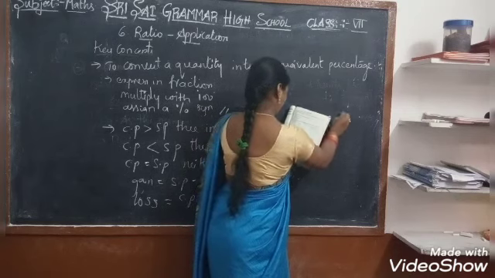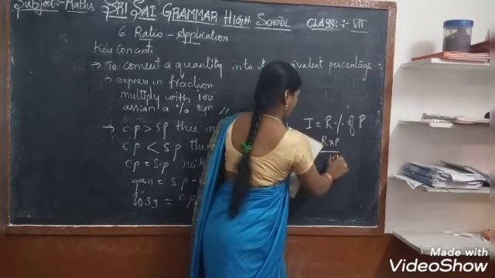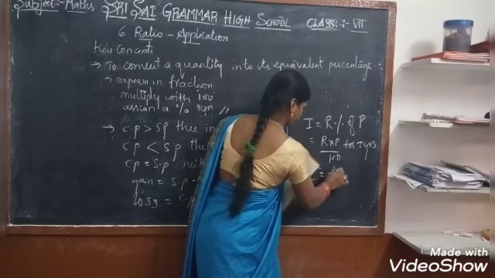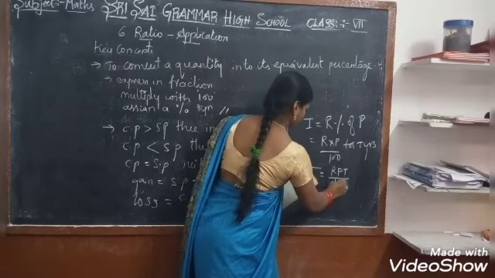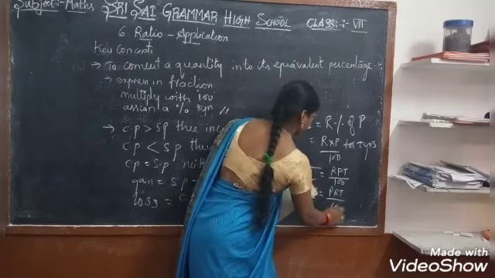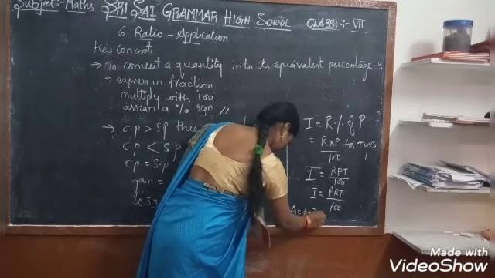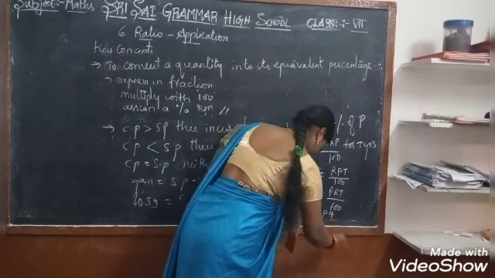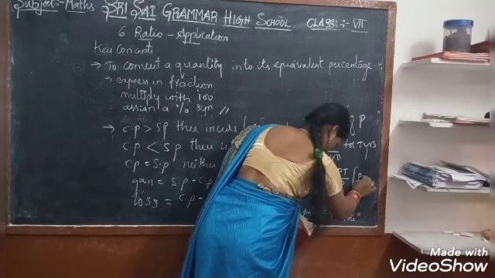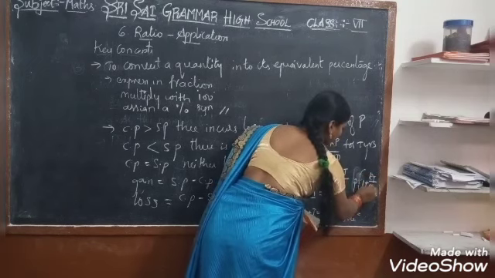I is equal to R percent of P, that is R into P by 100 for T. 1 plus RT by 100.